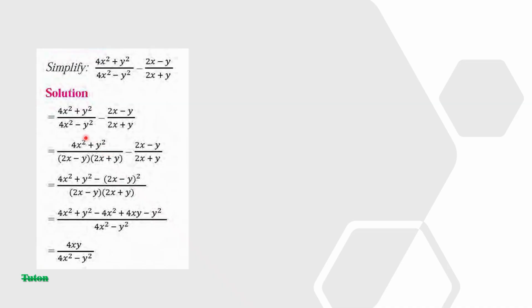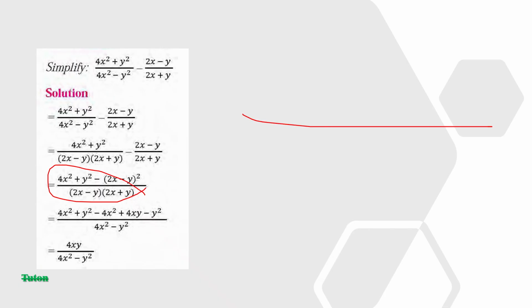Now after the second step, we move on to the third step, which would be taking the LCM of the denominators, and likewise we have to deal with the numerators. Let me break down this third step for you guys.